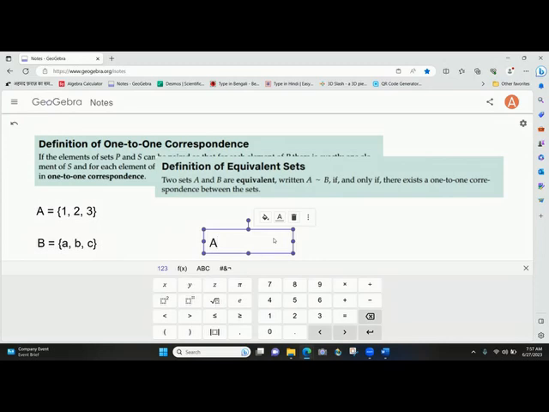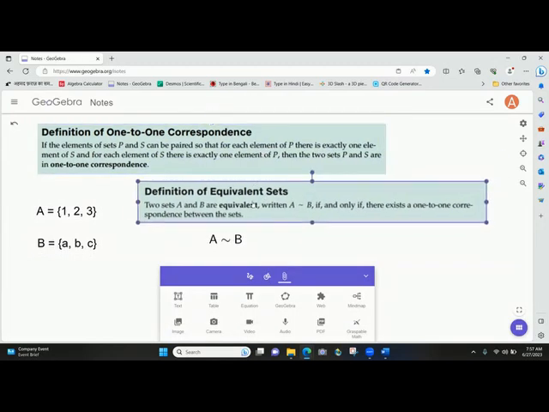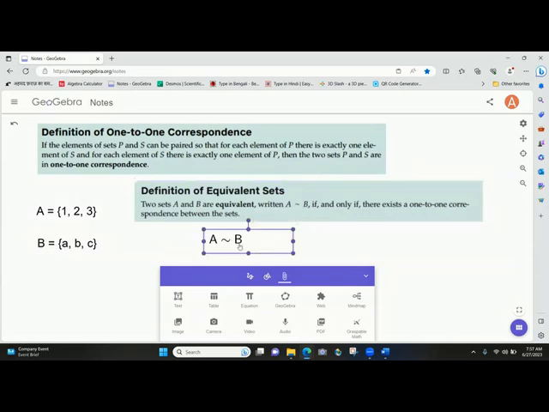I hope there's a tilde somewhere right here. A tilde. This symbol, little wavy thing, is pronounced tilde, T-I-L-D-E. Two sets are equivalent if they have a one-to-one correspondence and if their cardinalities are finite and they're the same.